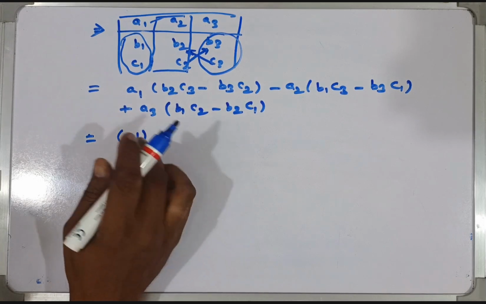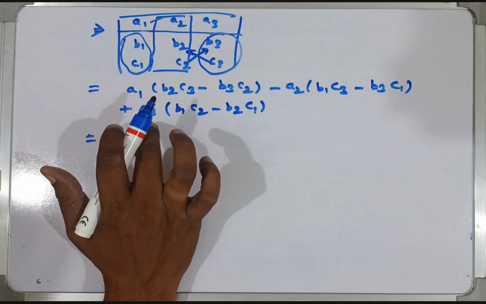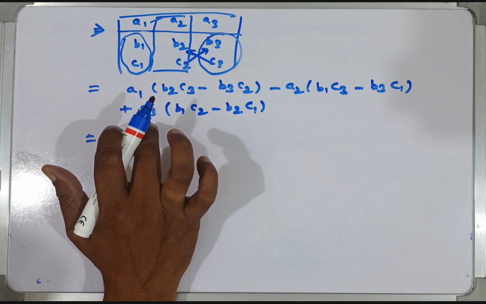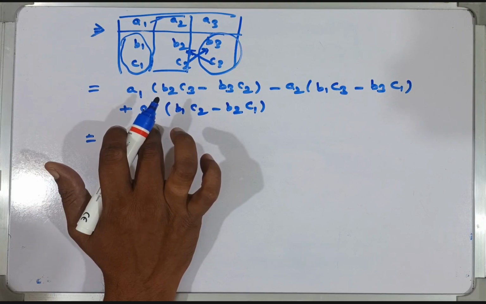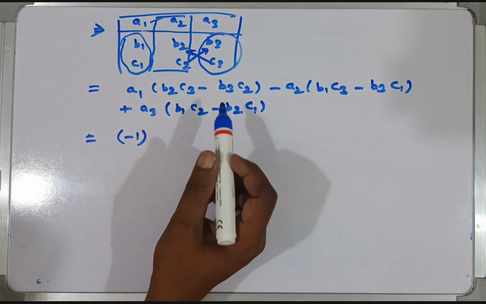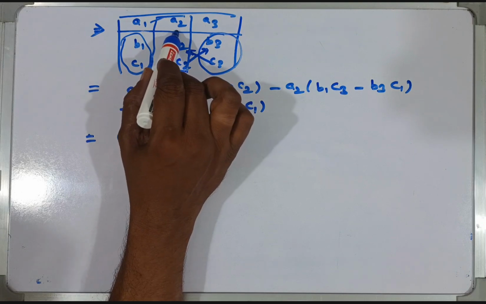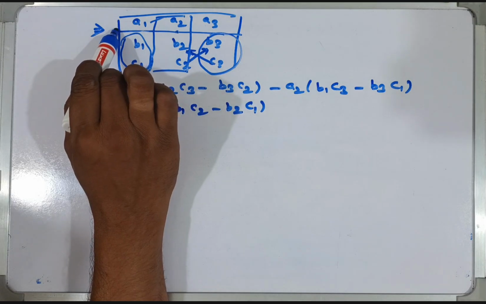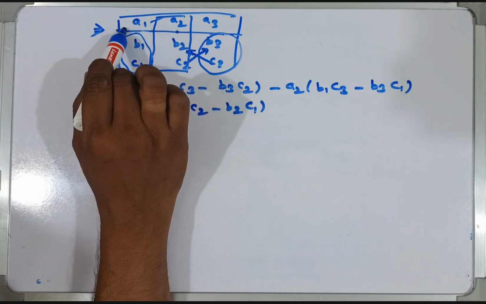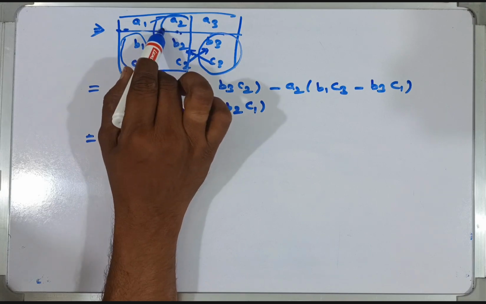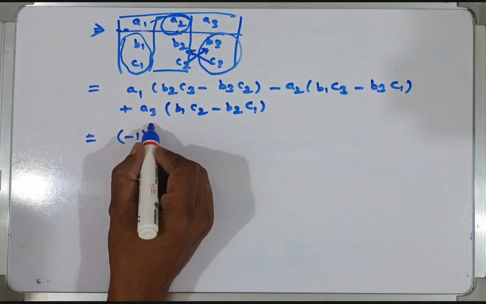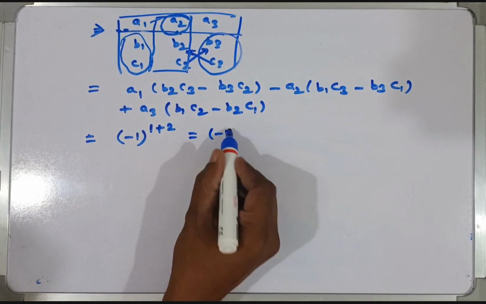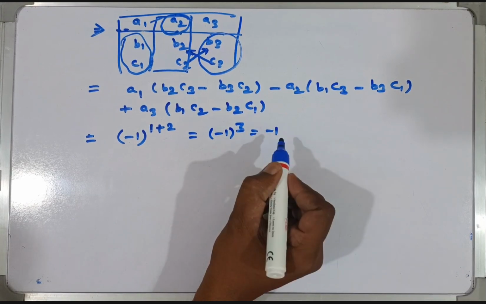minus 1 to the power position of that element in determinant. I want to say that, suppose I consider this one. Okay, so what will be the position? We come in first row and move 2 columns. We come here a2, so first row then 2 column. So what will become? Minus 1 to power of 3, so this is minus 1.